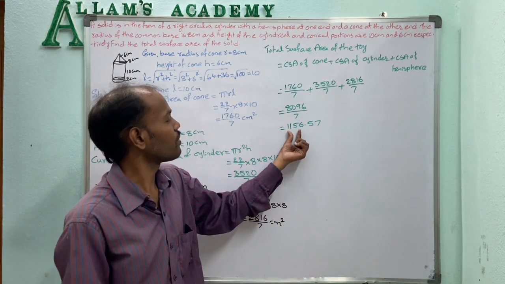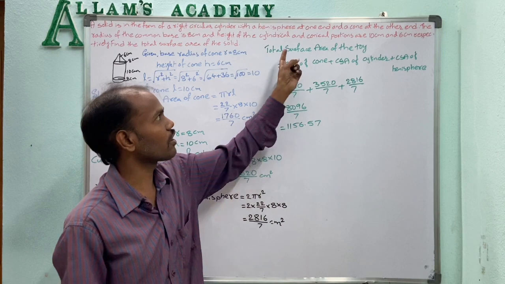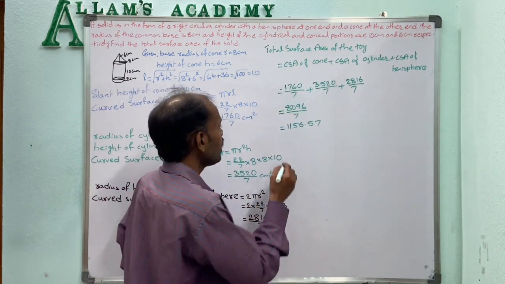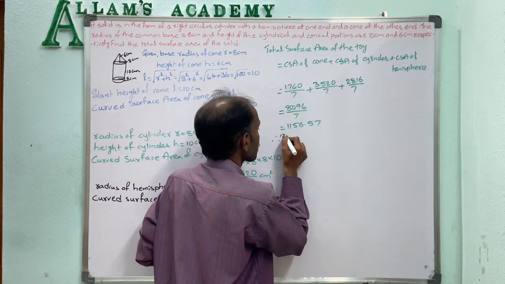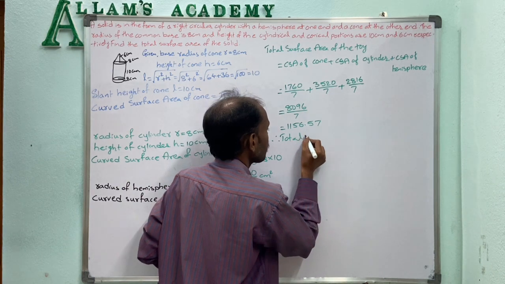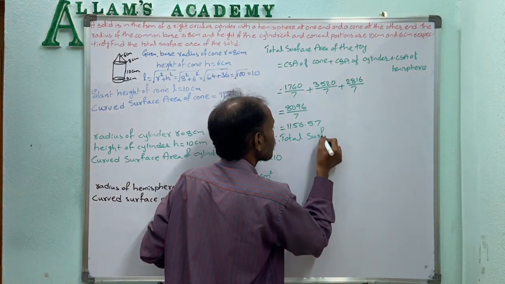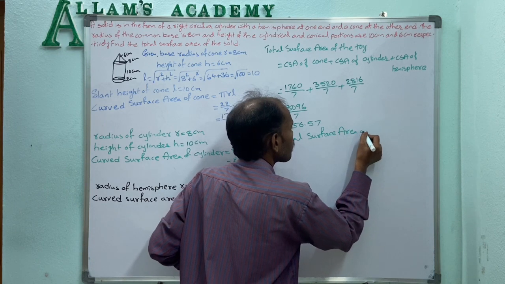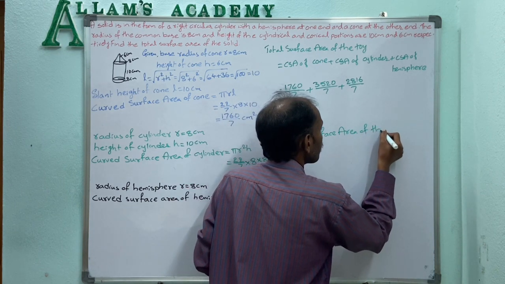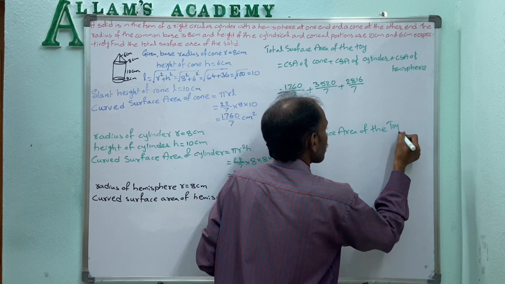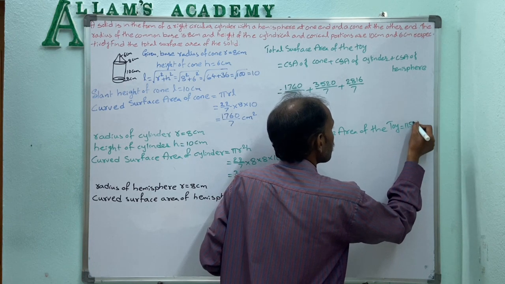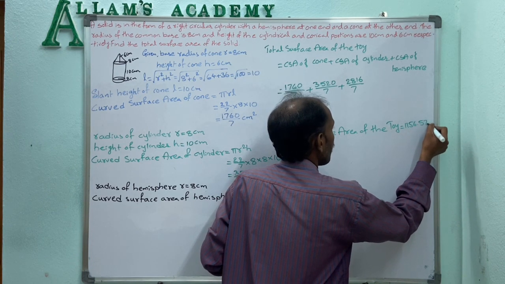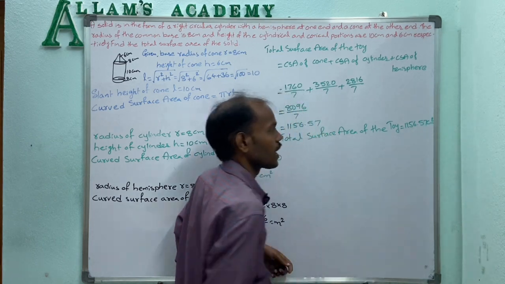So this value is the total surface area of the toy. Therefore, the total surface area of the toy equals 1156.57 centimeter square.